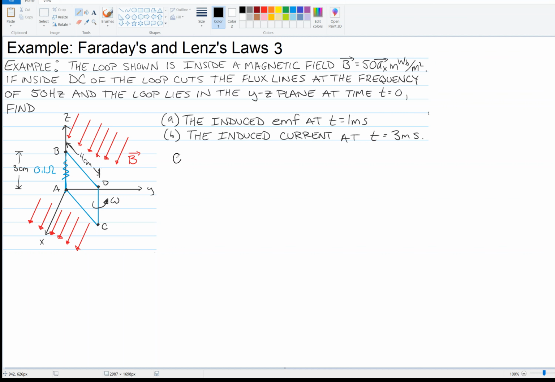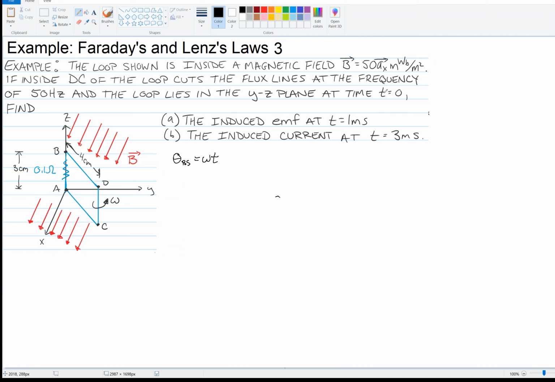So the angle theta between B, the magnetic field, and S, the normal to this loop, because we start in the YZ plane, is simply omega times t. So this is kind of the crux of the problem. Let's try to convince ourselves of this. When t equals 0, we're saying the angle is 0.